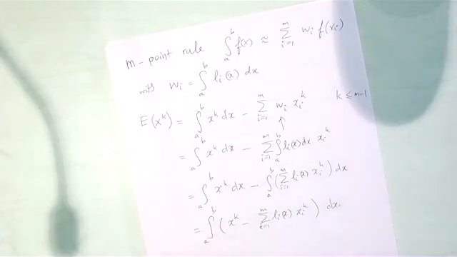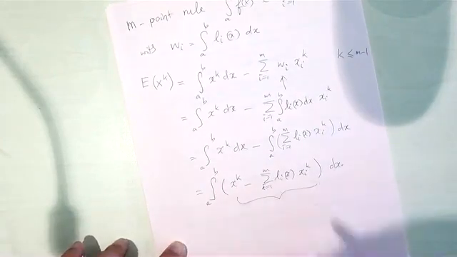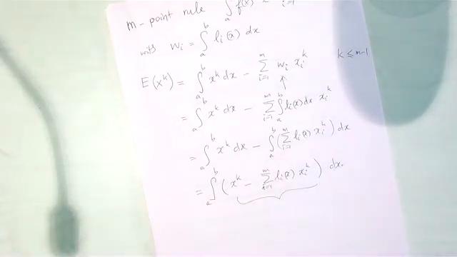And now I claim that this integrand equals 0. Why is that?